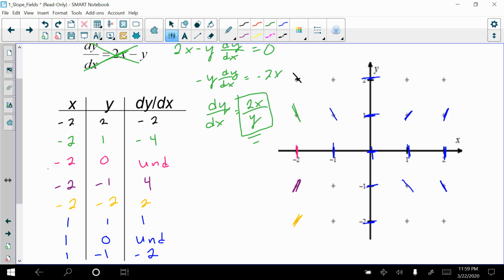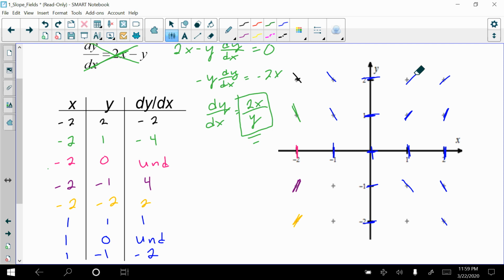So something like so. And I'm going to go ahead and fill in the rest of these here. I'm going to just do them very generically now. So going across the top row, the slopes are going to decrease until we get to that horizontal line, and they increase again.